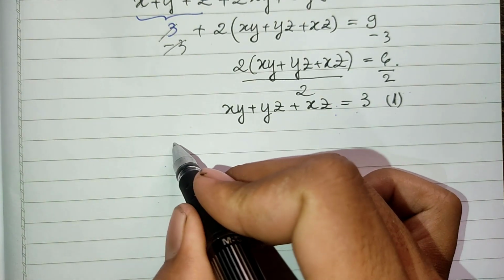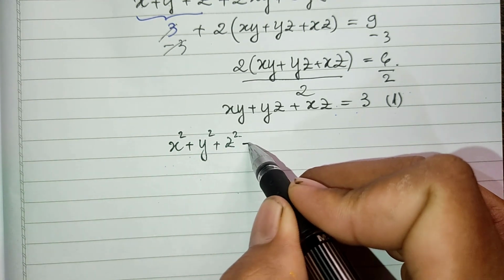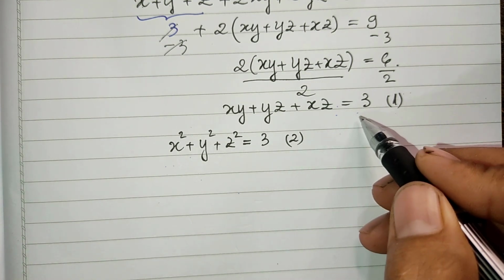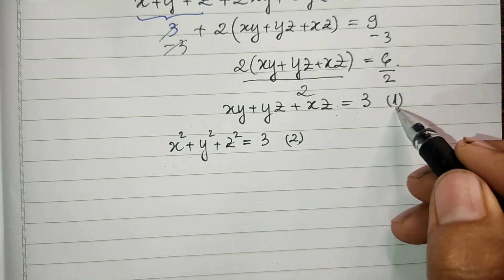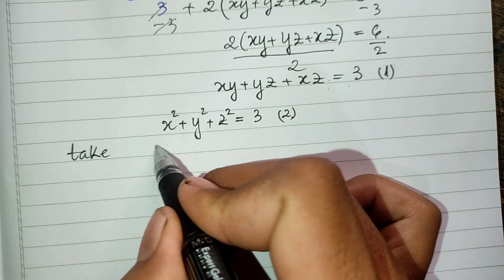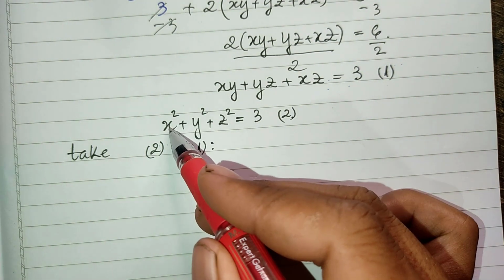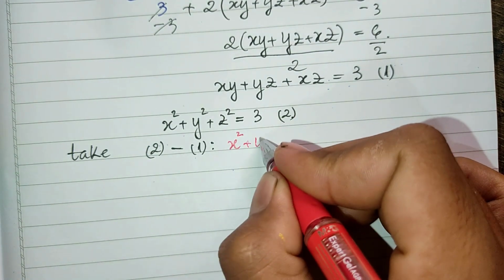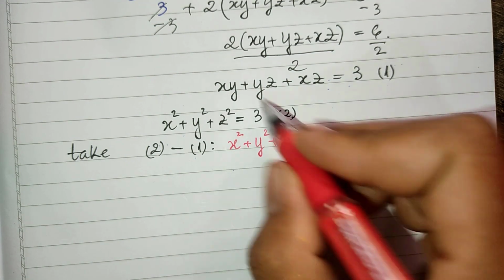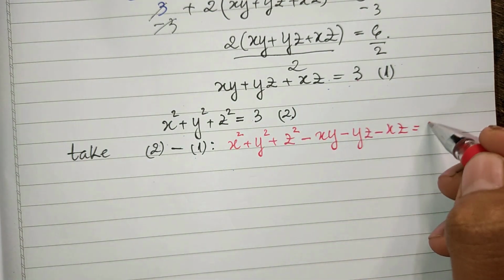This is the second equation. Now I take the second equation minus the first equation. So we get x squared plus y squared plus z squared minus xy minus yz minus xz equals 3 minus 3 equals 0.